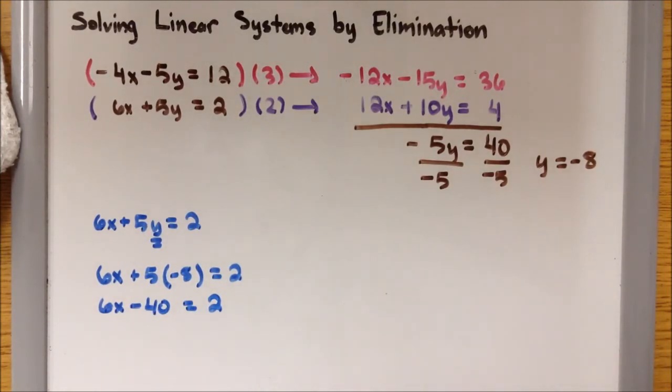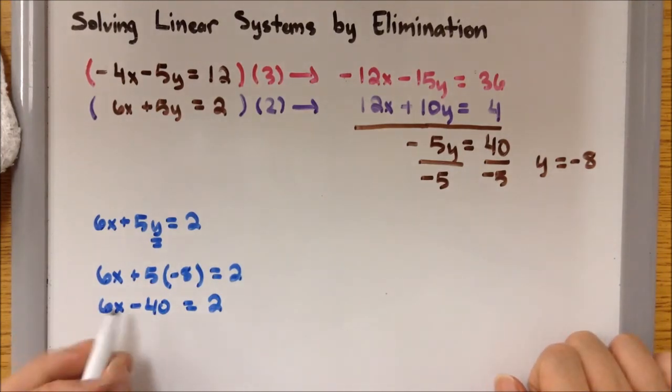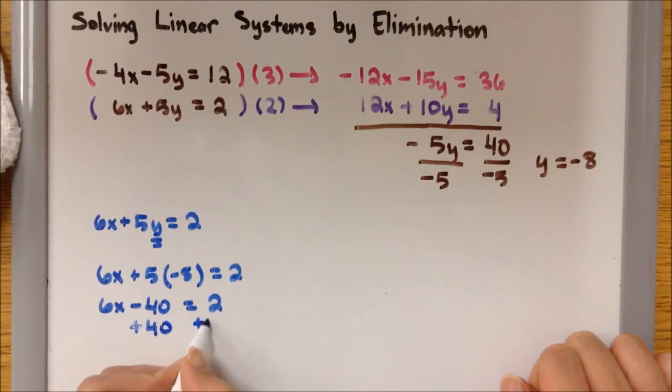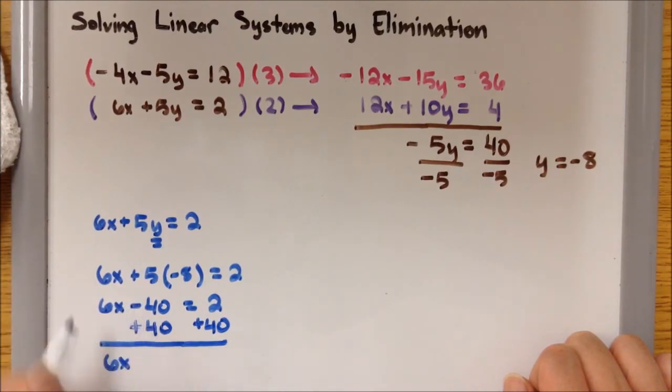Now, if I want to get 6x by itself on the left side, I need to cancel out the minus 40. The opposite of it will be plus 40. So plus 40 on the left side, therefore plus 40 on the right side. On the left side would be 6x, and the 40s cancel out. On the right side, 2 plus 40 will be 42.